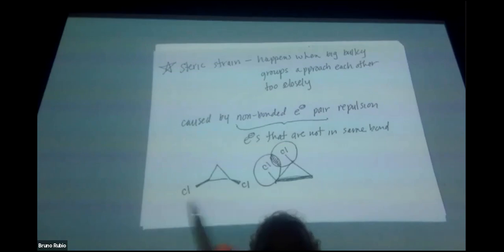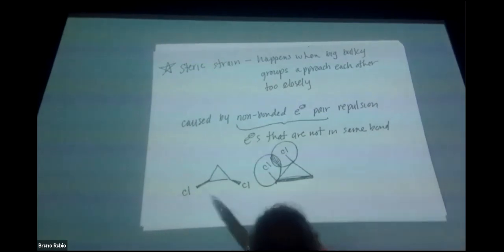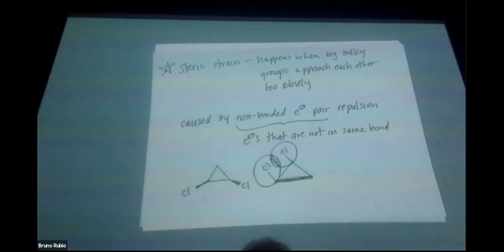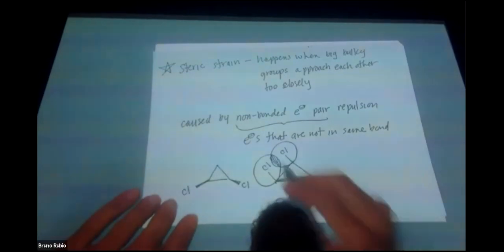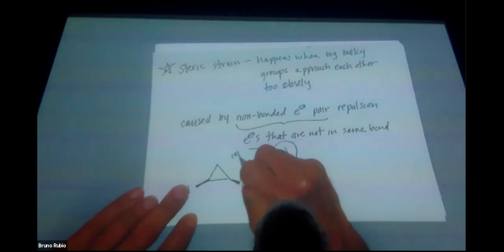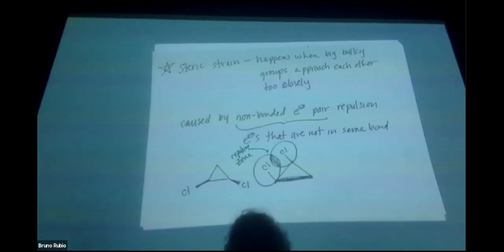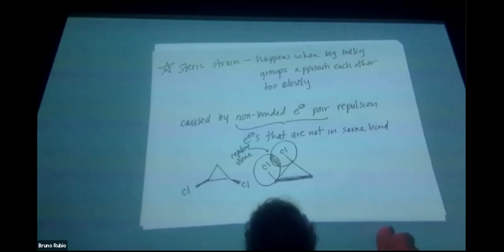When I draw it like this, it looks like the chlorines are a bazillion miles away from each other, but they really aren't. And furthermore, these aren't little balls and sticks. It's an atom that is surrounded by a sea of electrons. And so I have here a repulsive zone of interaction. Okay, this is the origin of steric strain.